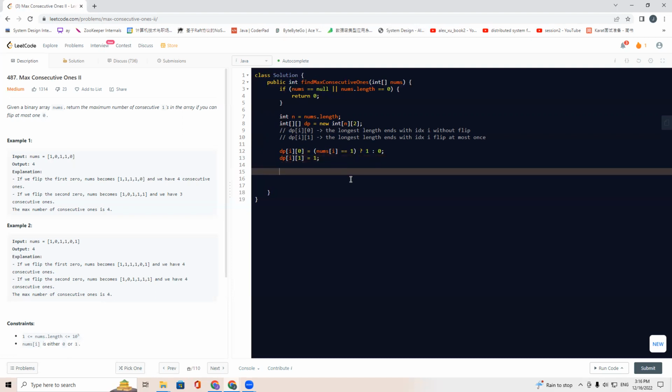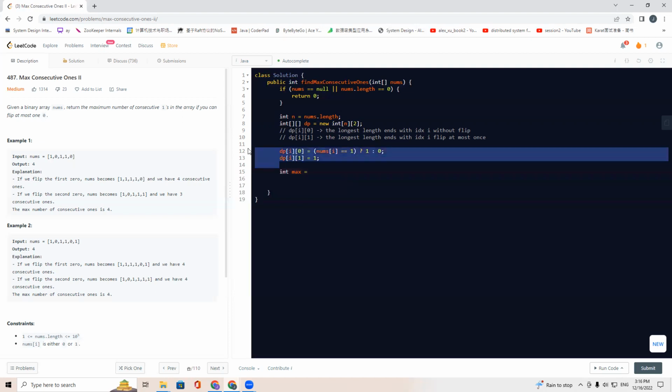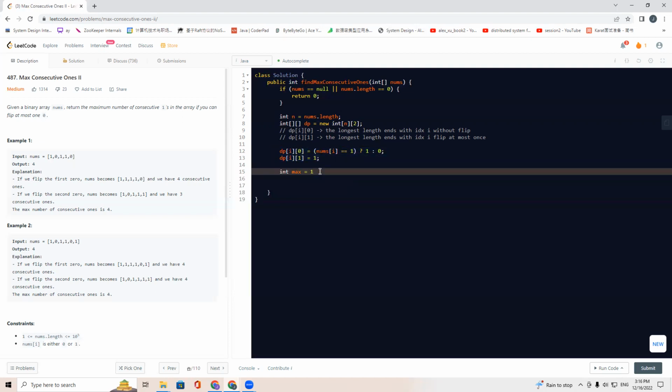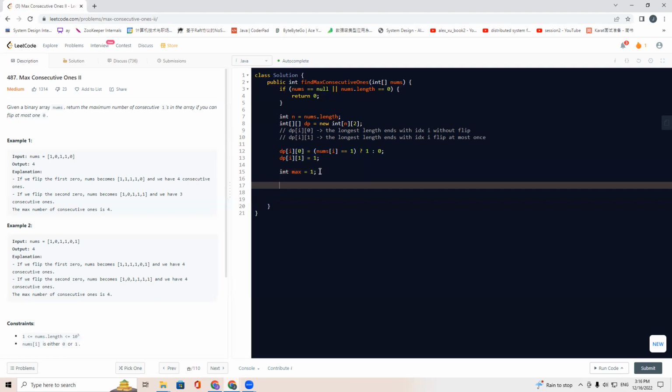So we have int max equals max of these two values, let's have 1. Then we're going to have for int i equals 1, i is smaller than n, i plus plus, right?